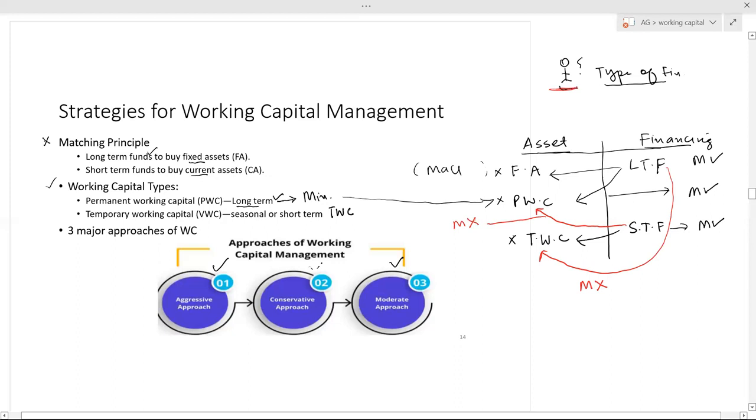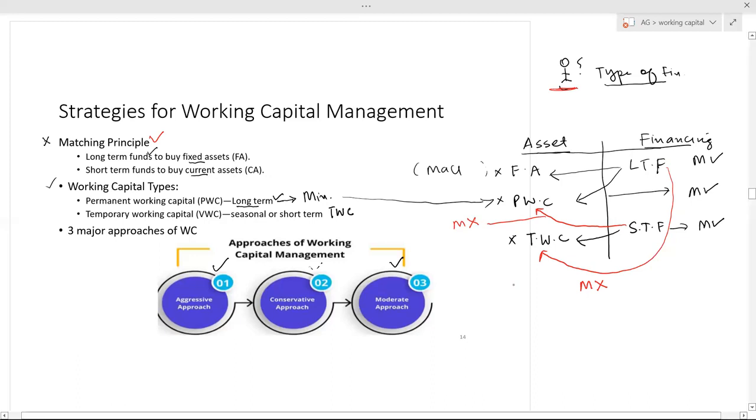We need to see whether he is following the full matching, or is he using a mix of matching. Okay, for instance, we will see that in these approaches he is using short-term funds to buy long-term assets and long-term funds to buy short-term assets.